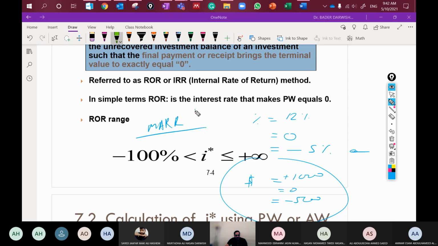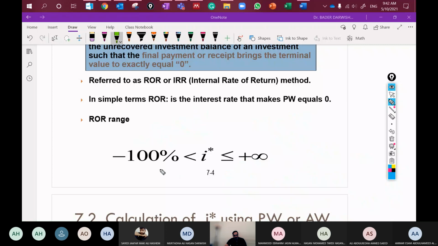So if somebody says my MAR is 10%, you do your own calculation and you identify. You're not going to use the MAR, you're going to use the data given, and then you're going to say, okay, compared to the minimum attractive rate of return. And you're going to see today how it works. At the end of the day, it's important to understand that it's a range. Based on this range, we can determine the feasibility of this project.